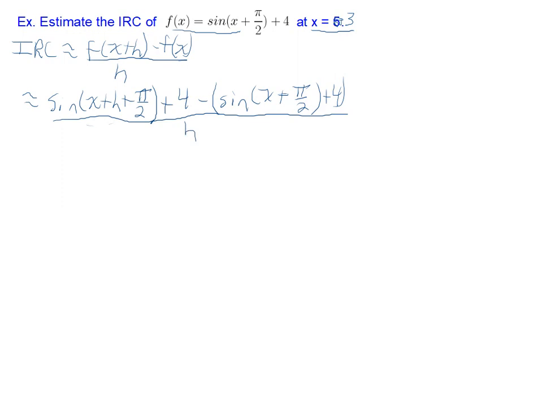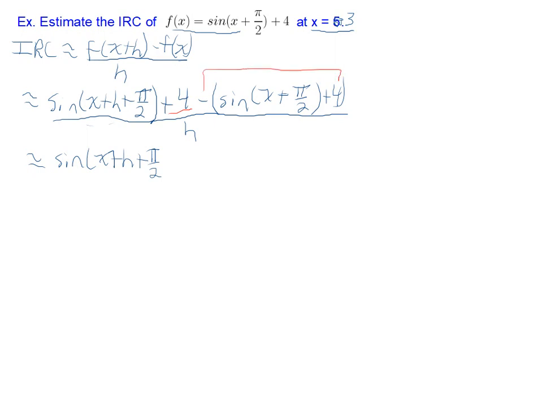And I suppose from here we can distribute and collect some like terms. We'll get the sine of x plus h plus pi over 2 plus 4. Now I'm noticing here, and you may notice this as well, we're going to have a plus 4 here, and when we distribute this minus sign, we're going to have a minus 4.